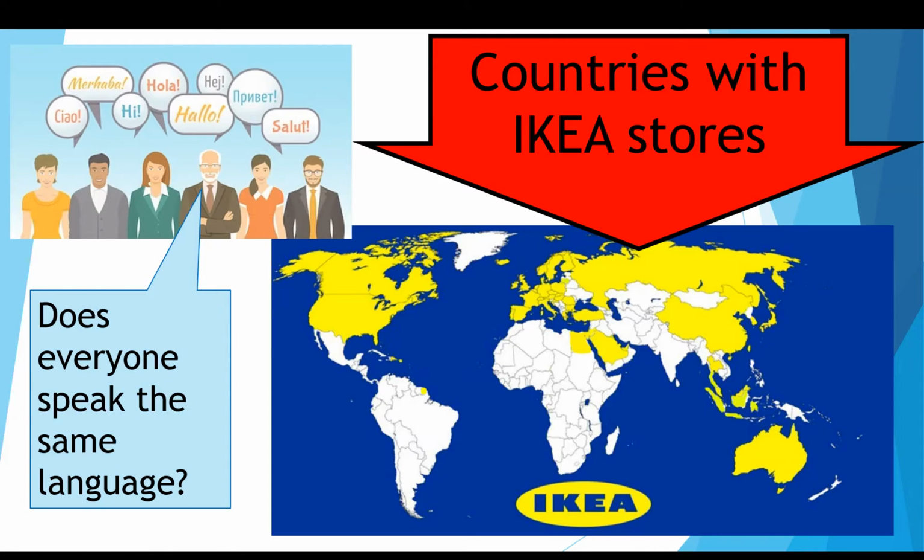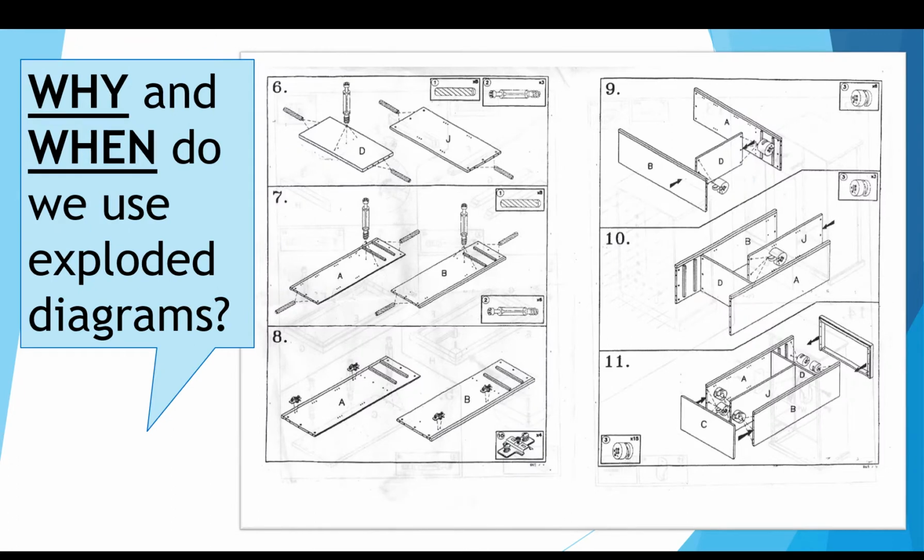The answer is no, but they can all understand pictures. And the numerals, 1, 2, 3, 4, 5, 6, 7, the way we write our numerals is common worldwide. So you may speak anything from Farsi to Afrikaans to Japanese to Portuguese, you name it, but you will be able to look at these pictures and look at the numbers and work it out yourself.